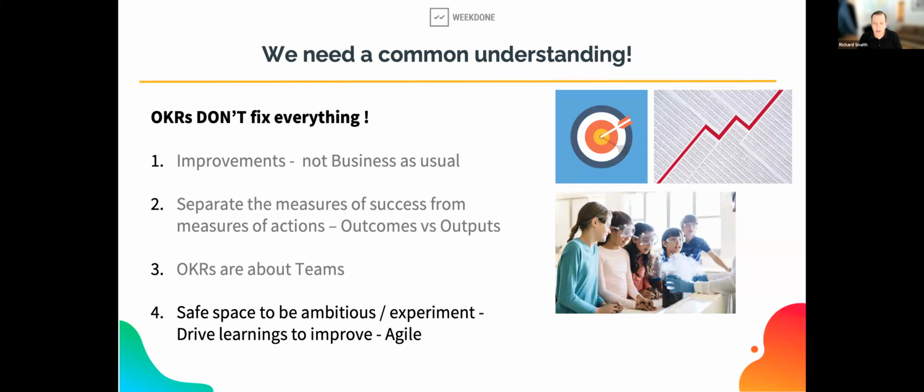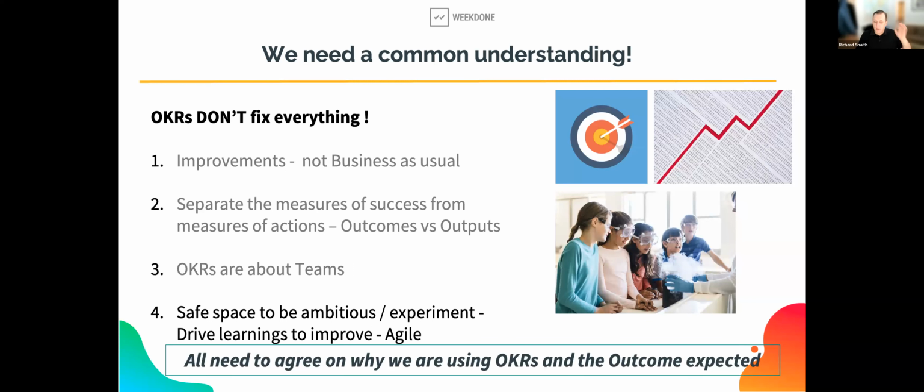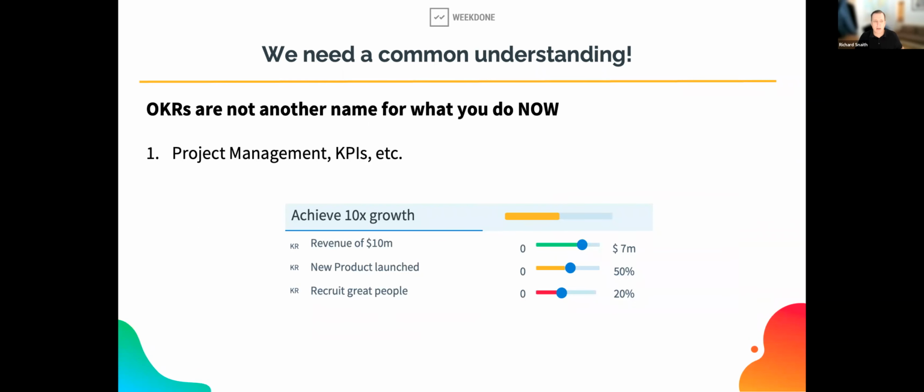It's all about learning as well. We really need everybody to agree on why we're using the OKRs and the outcomes we expect from even implementing OKRs. And it's super important when you get started. So often you see different teams going their own directions, and very quickly that breaks down and doesn't work for all the teams.